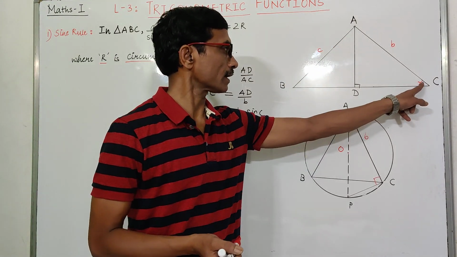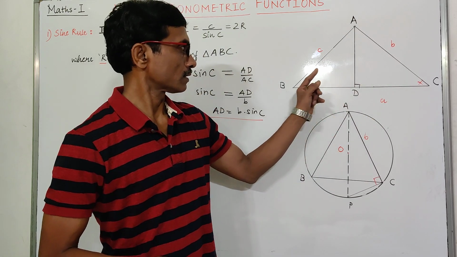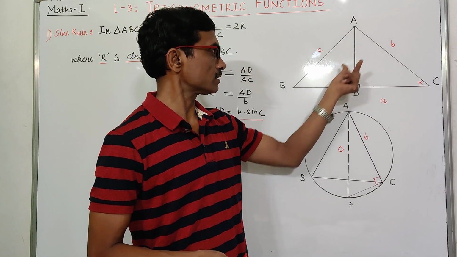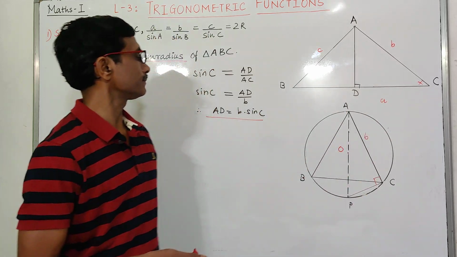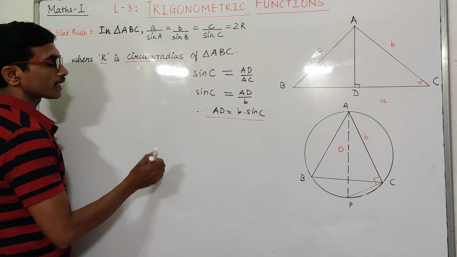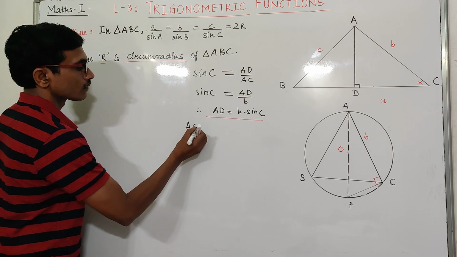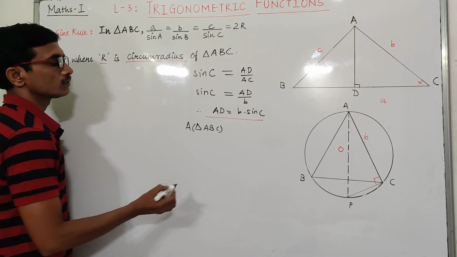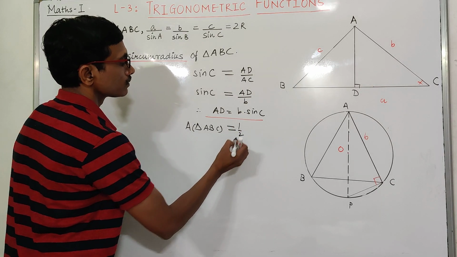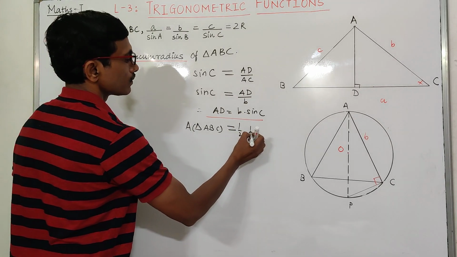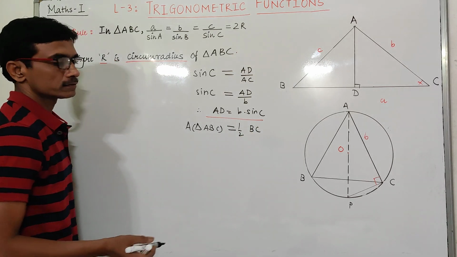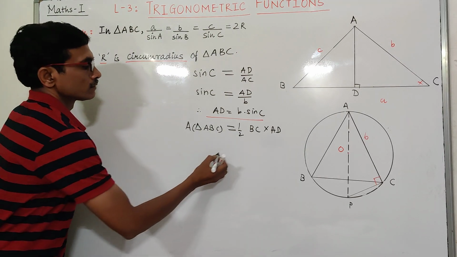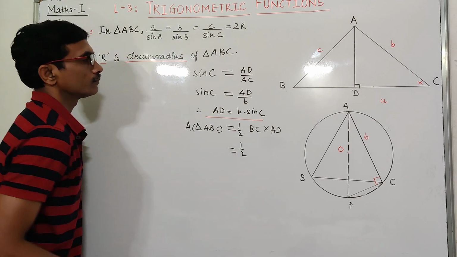In this triangle, area of the triangle is 1 by 2 base into height. Base is BC and height is AD. So area of triangle ABC is equal to 1 by 2 BC into AD.